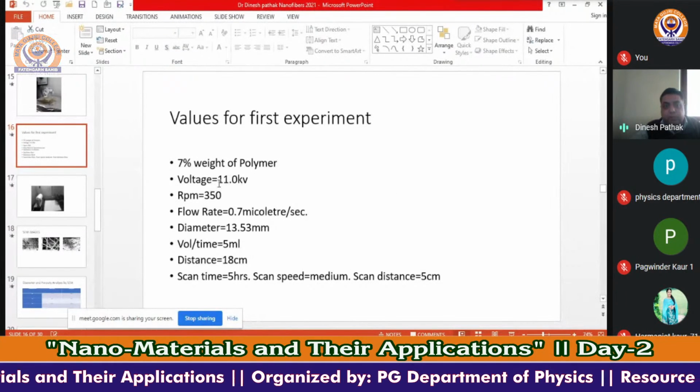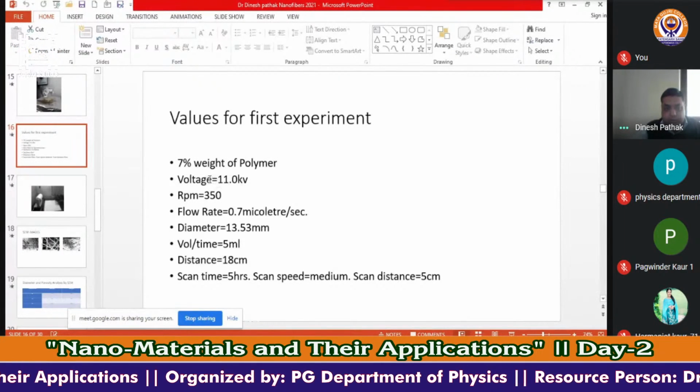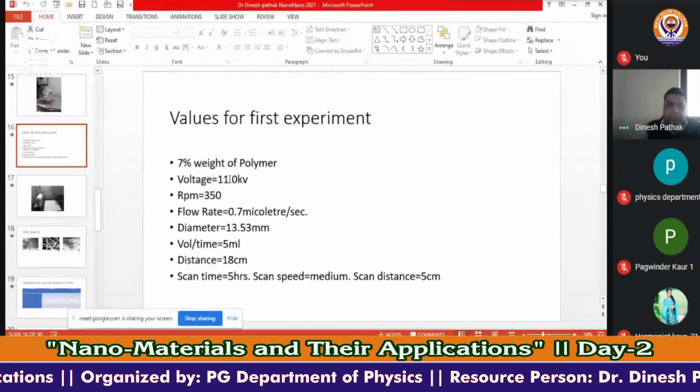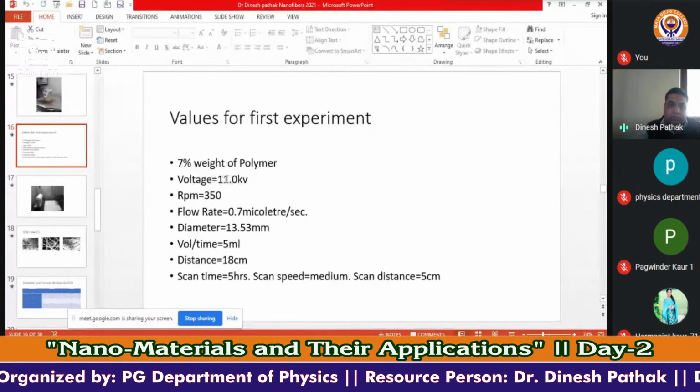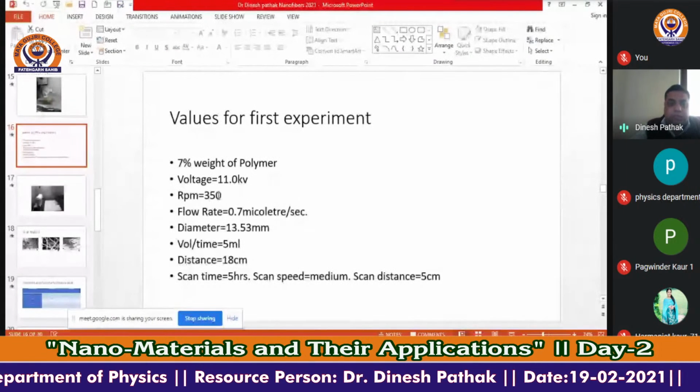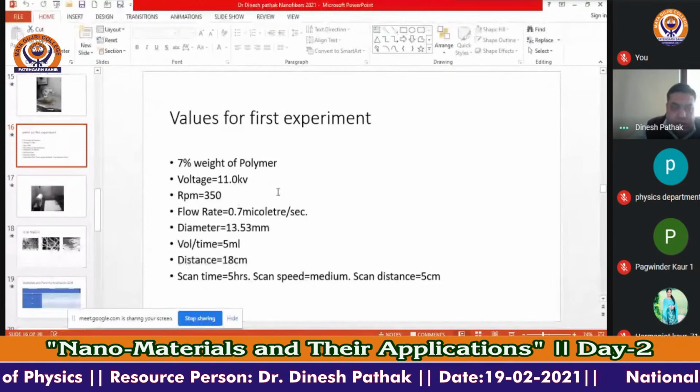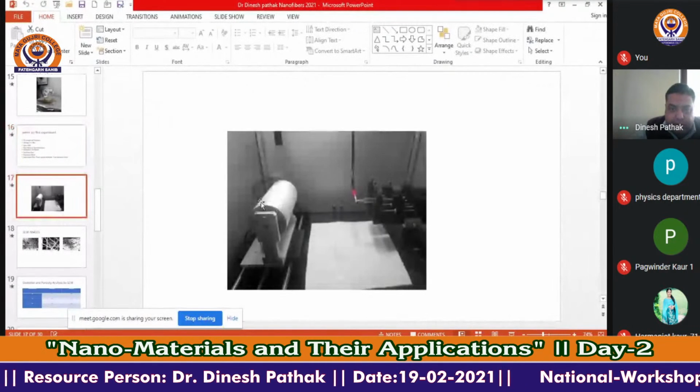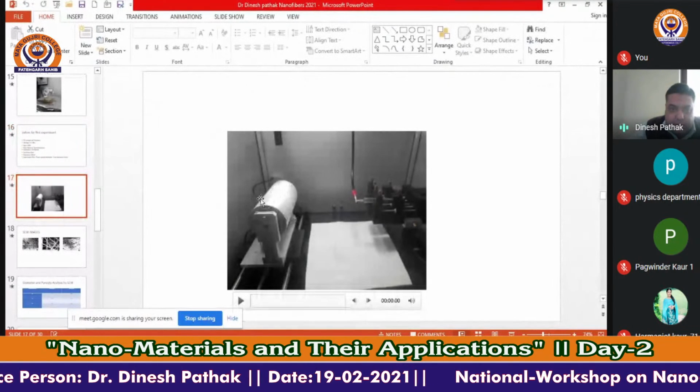First, maybe we put the voltage at 11 kilovolt, then RPM around 350. RPM is the rotation of this drum. Actually, this drum on which the fibers are collected rotates with uniform speed.